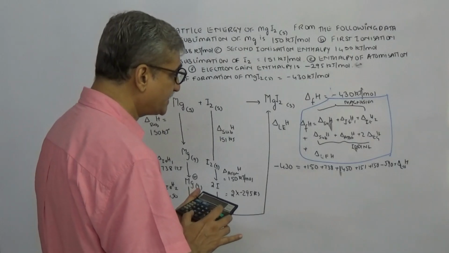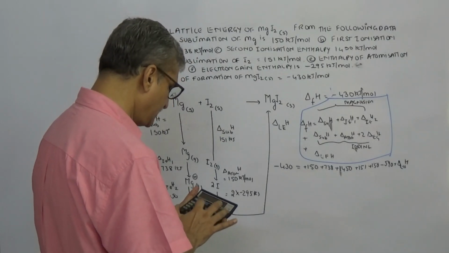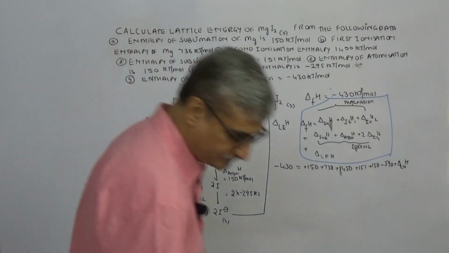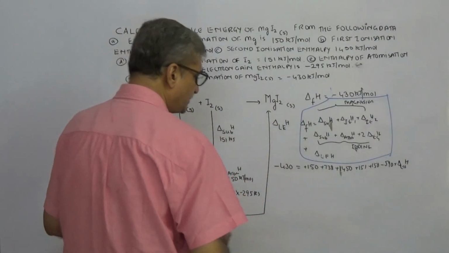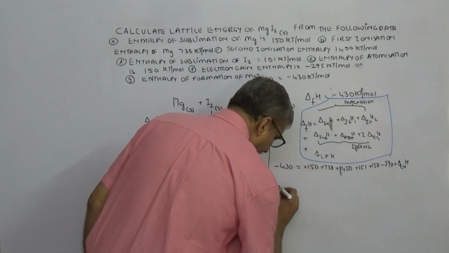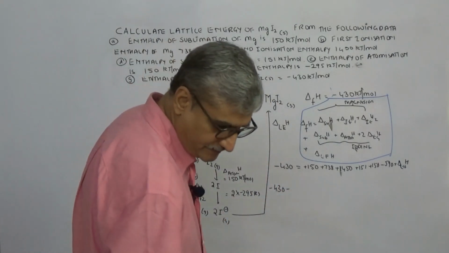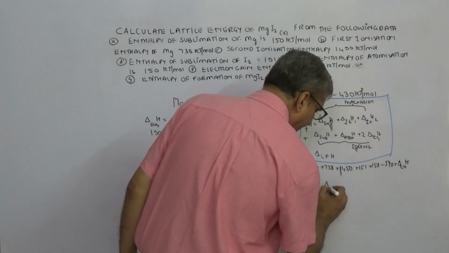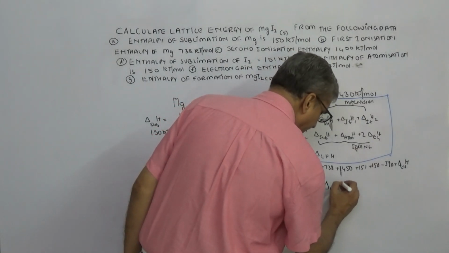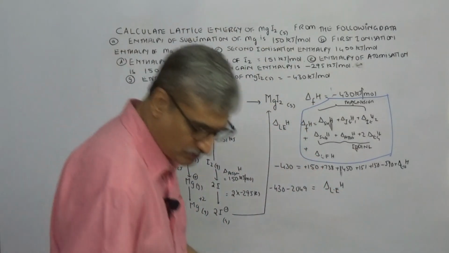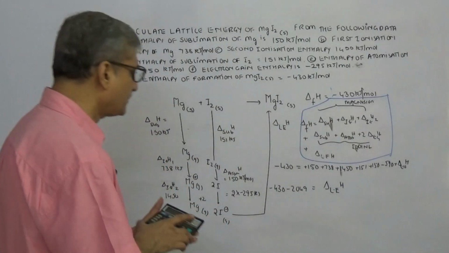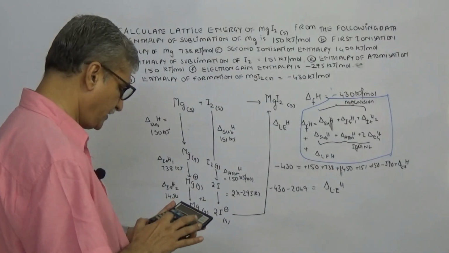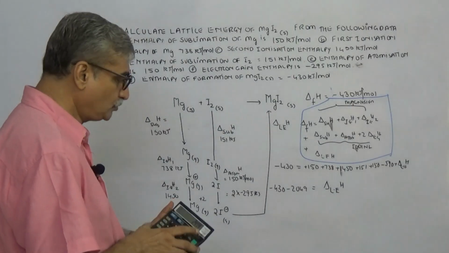So that is 2639 minus 590, so 2049. So what do you get? This will be minus 430 minus 2049 will be delta lattice energy H. So how much does the total become? So we have minus 430, so 2479.